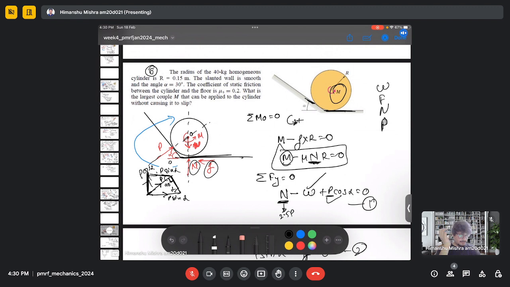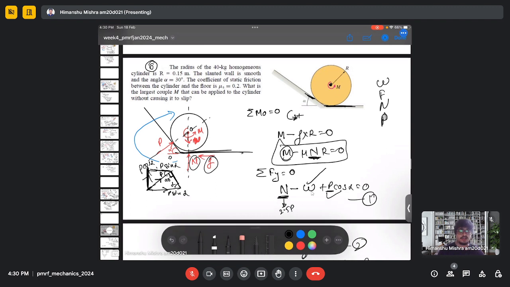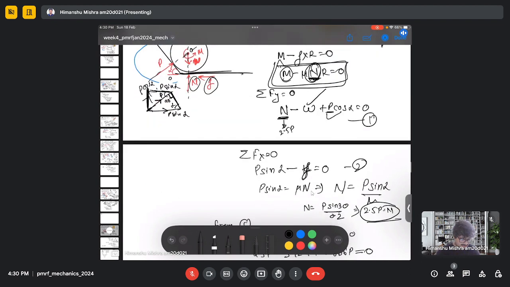So first we did the moment balance analysis, because if I do the moment balance analysis at the center of this cylinder, then I will get an idea which force I need to find. So here from this moment balance analysis, I got to know that I need to find this normal reaction N. And to find this normal reaction N, we do the summation of force in both vertical and horizontal direction.